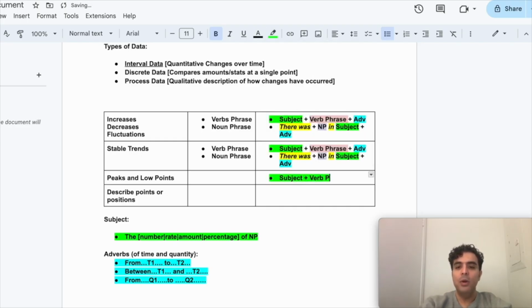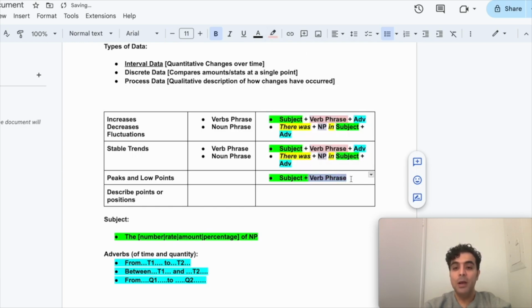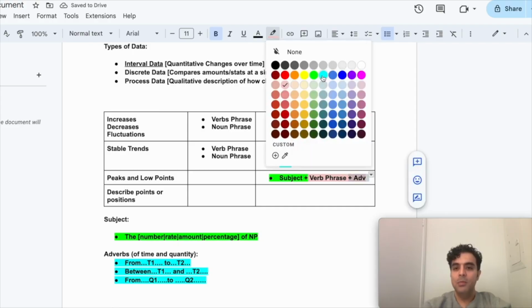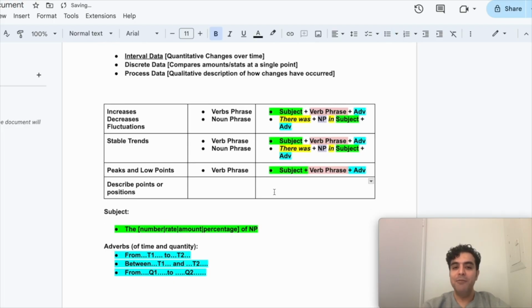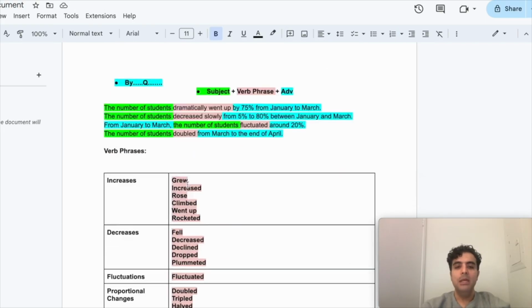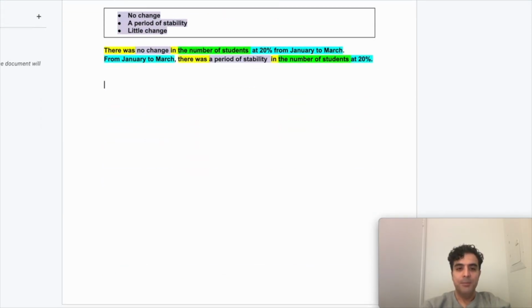And then you're going to follow it with a verb phrase. So this structure is very similar to the verb phrase structure that we have seen before. And then you add your adverb to the end. So essentially, it is a verb phrase structure, but the verb phrases that we use have to describe peaks and low points. Let me show you what I mean by looking at a few examples here.